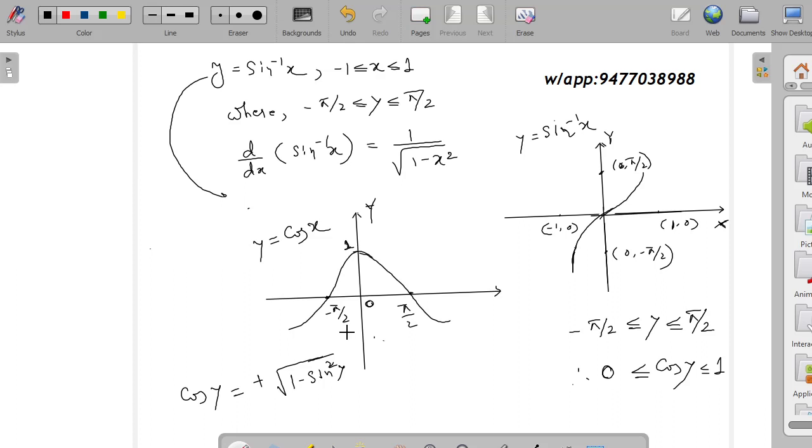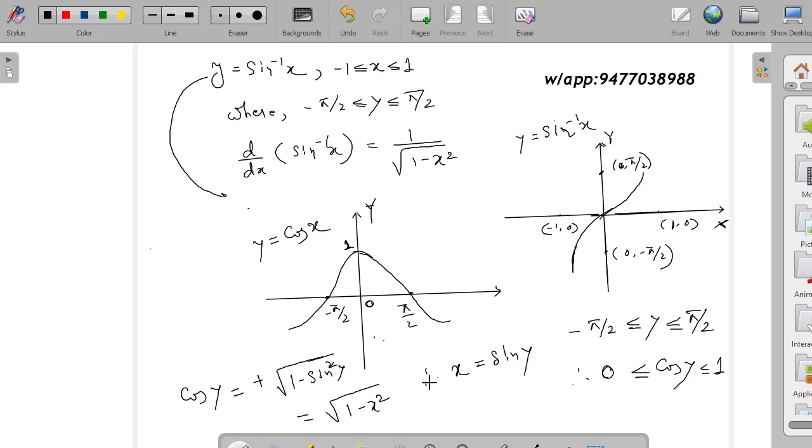So we have x equals sine y. As we have y equals sine inverse x, therefore we have x equals sine y. So substituting the value over here, we are getting root of 1 minus x squared.